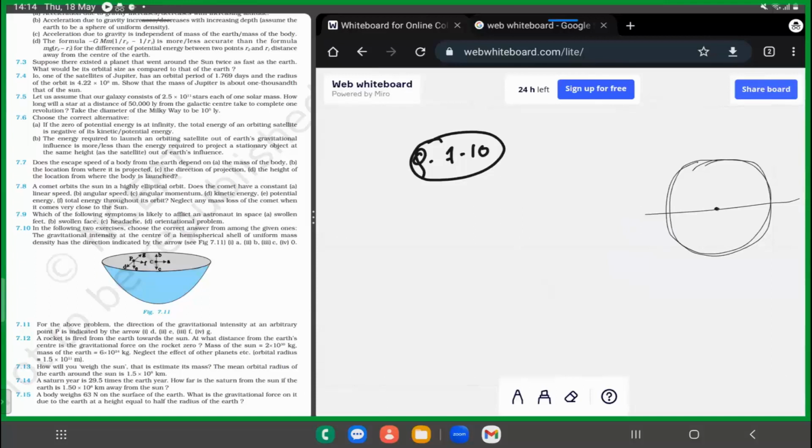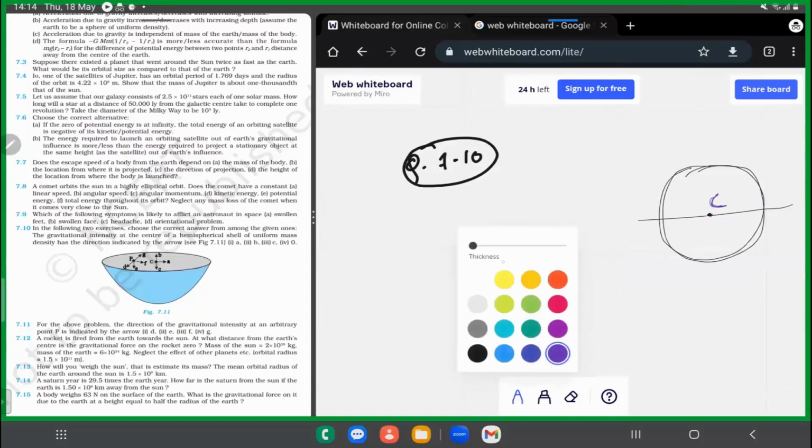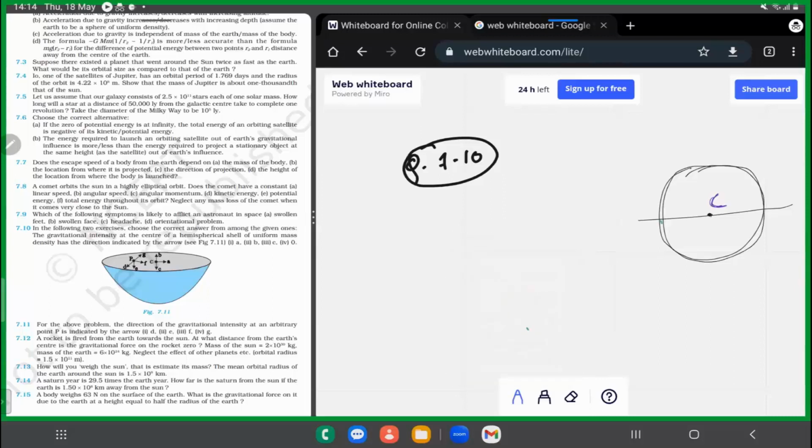We have to find the direction of the gravitational field at point C. C is this point. If we consider only half of this hemisphere, you know that the net field is 0 because of the whole sphere.